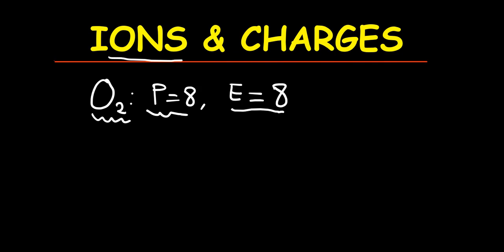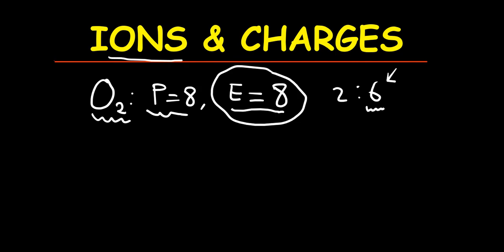For example, this oxygen has the tendency to gain electrons. When we write the electronic configuration, it will be 2 and then 6. So we want to fill this 6 by completing the octet rule.